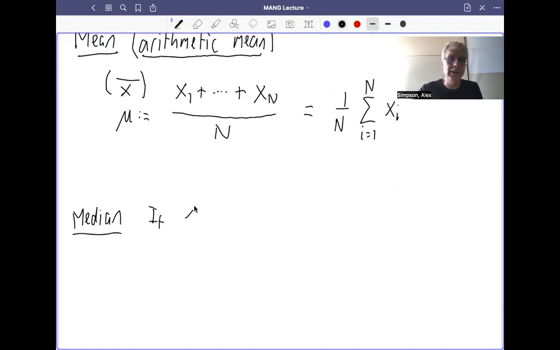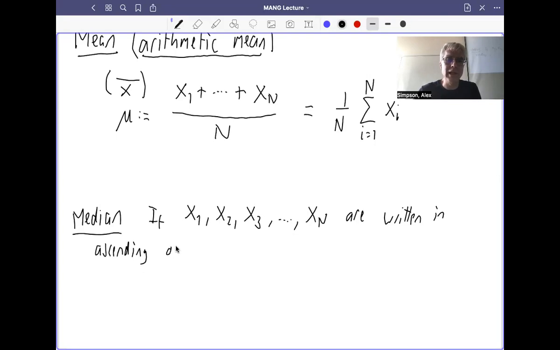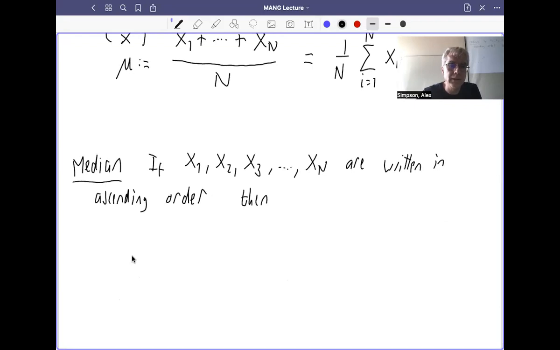So if x1, x2, x3, all the way up to xn are written in ascending order, so we're just relabeling them so that x1 is the smallest value, x2 is the next smallest, and so on. Then the median is the middle value.